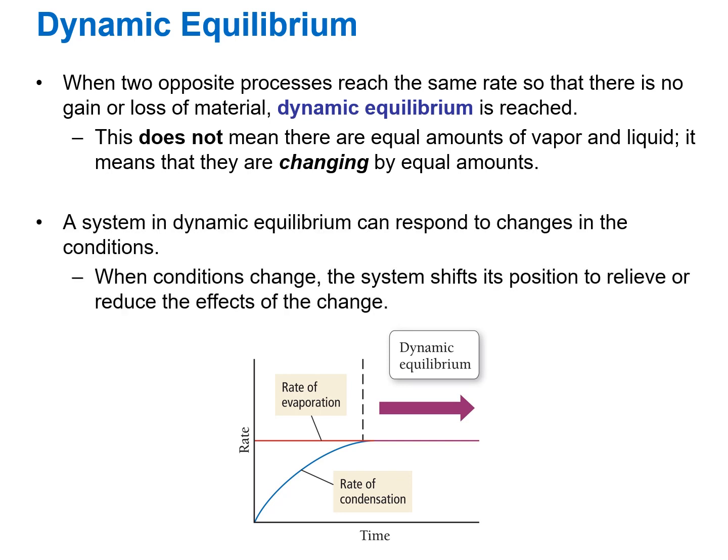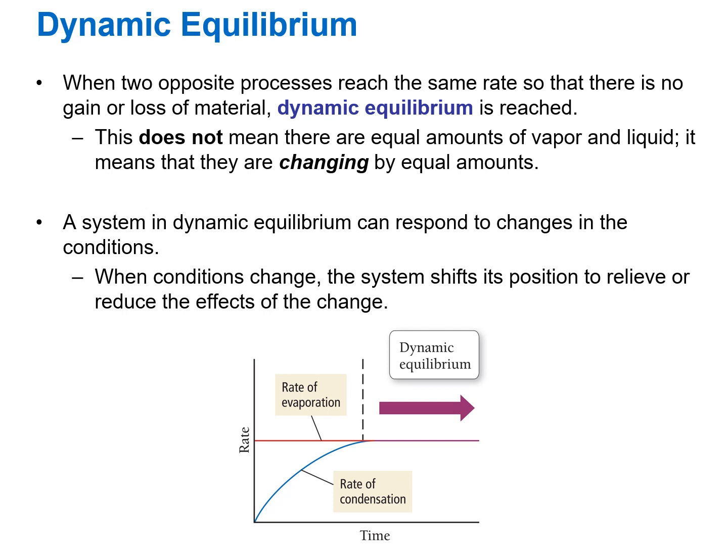Now, a system that is dynamic is going to respond to changes when the conditions change. If there is a change in the conditions, then the system will shift in order to relieve or reduce the effects of those changes.